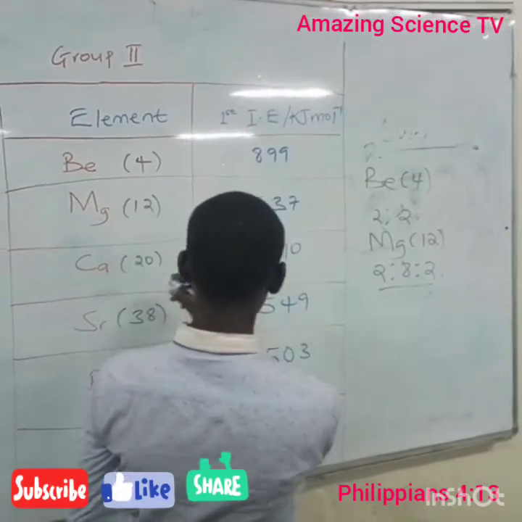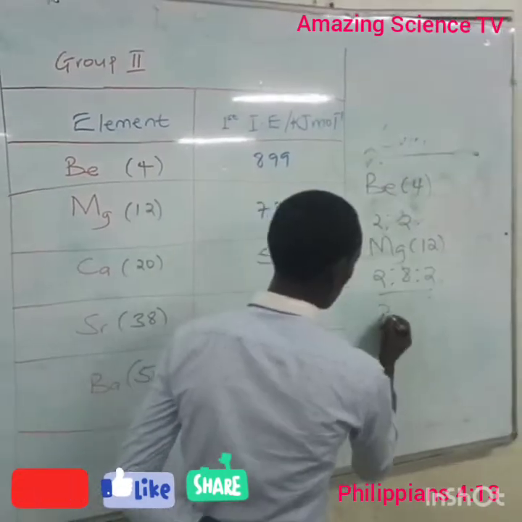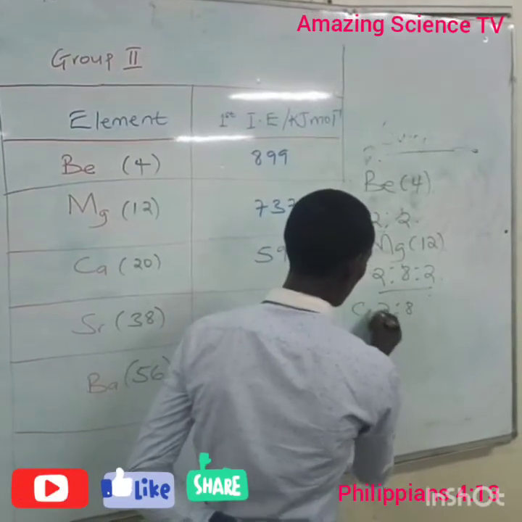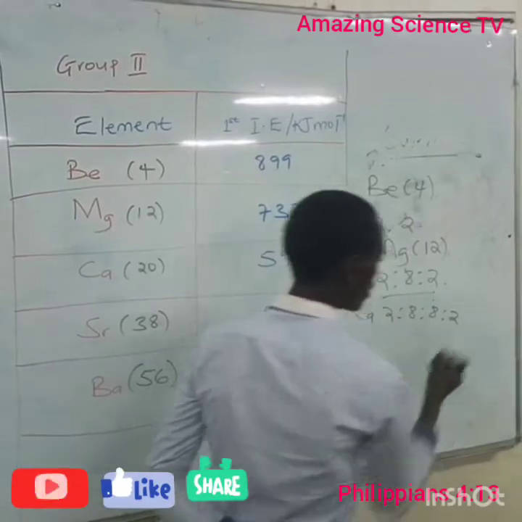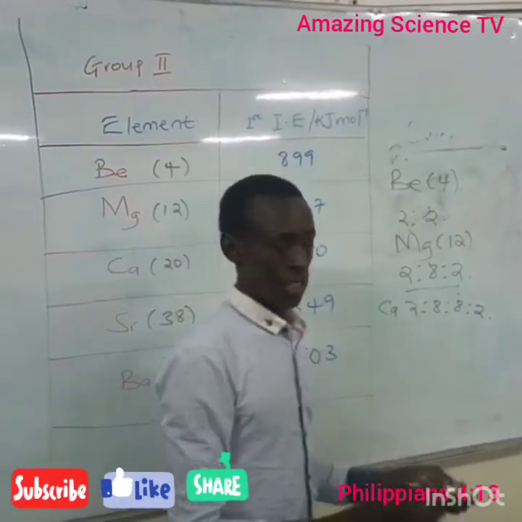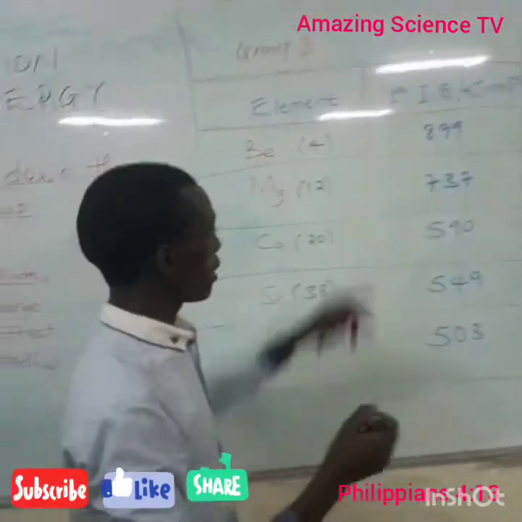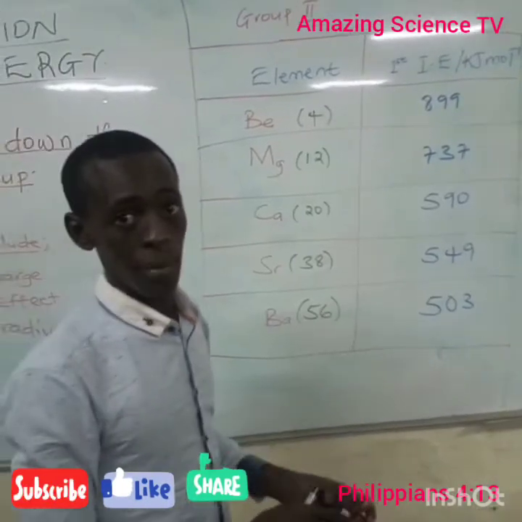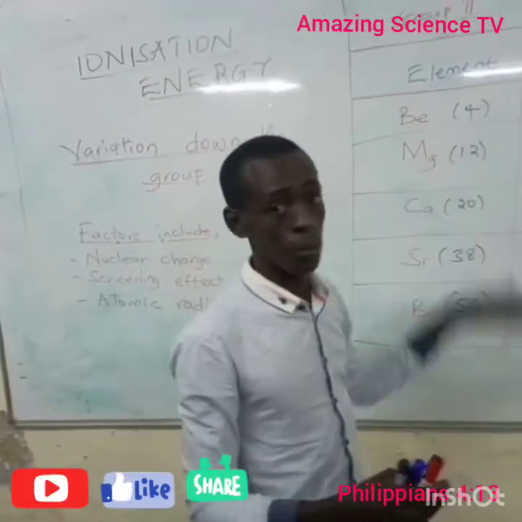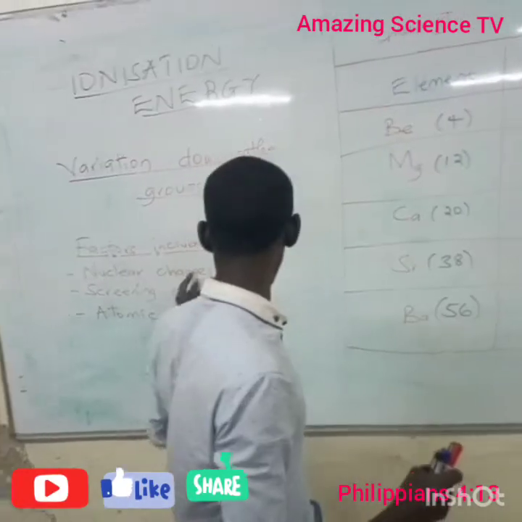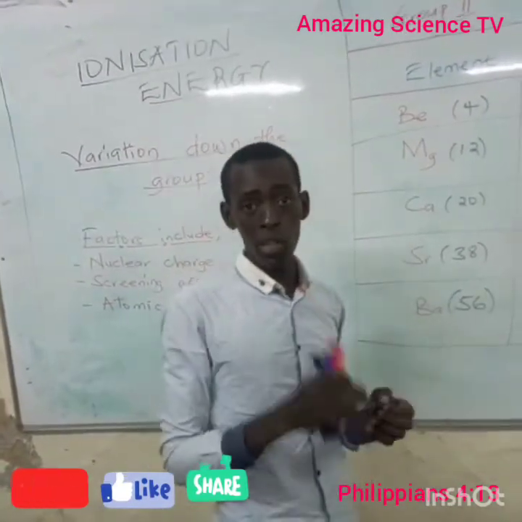Calcium that has 20 is 2, 8, 8, 2, so we see these are 4 shells. So as we move down the group, the number of shells increases, implying that the screening effect goes on increasing from top to bottom down the group, as nuclear charge goes on decreasing.